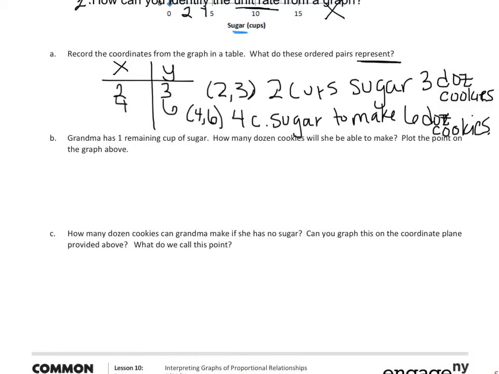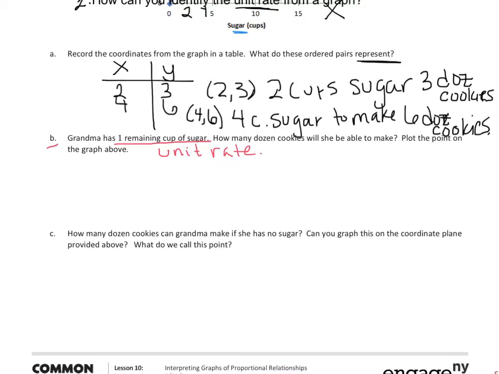Moving on down to B, Grandma has 1 cup of sugar remaining. How many dozen cookies will she be able to make? And then we'll have to go back up to the top to plot this point on the graph above. So since I want 1 remaining cup, that tells me I'm going to be looking for my unit rate, right?